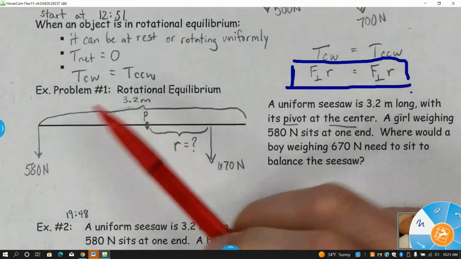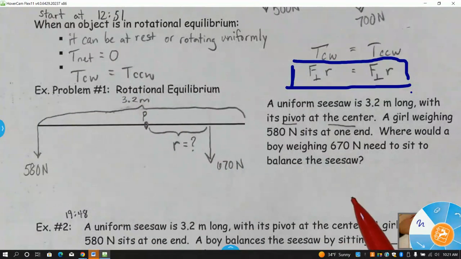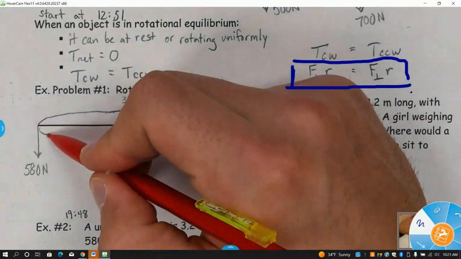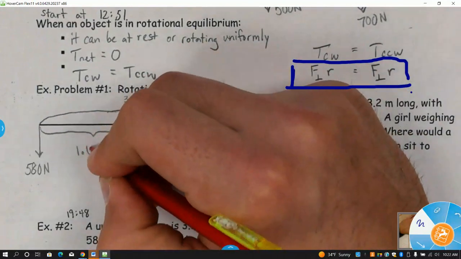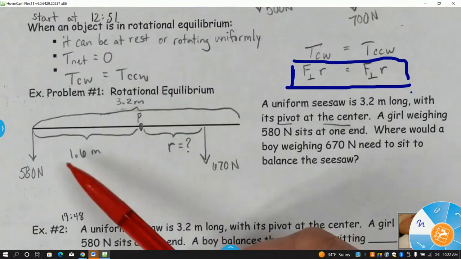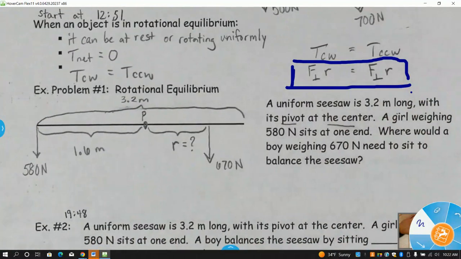It says she's at one end. If the whole thing is 3.2 meters, it would be half of 3.2. So 3.2 divided by 2 is 1.6.